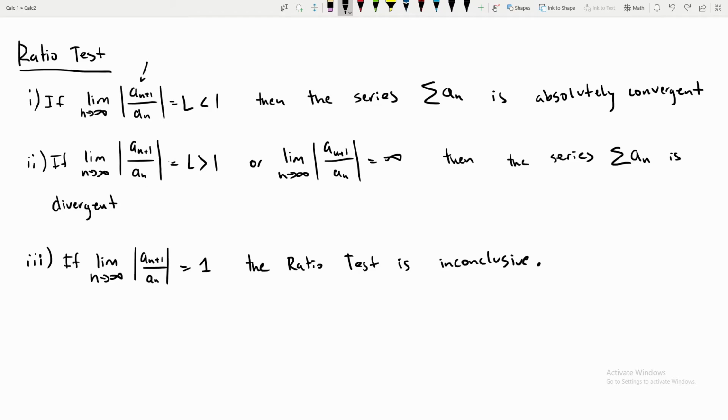They'll have a lot of common factors, and it'll be pretty easy to cross them out, simplify, and then calculate the limit of that. And then from there we can conclude about the series itself. And then lastly, if that limit is equal to 1, then we say that the ratio test is inconclusive, and we'll need to rely on all of the other tests that we've learned before.